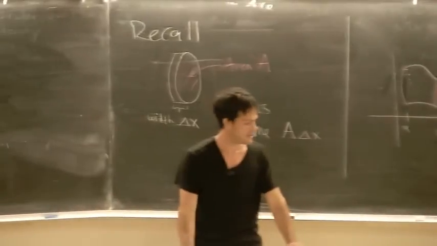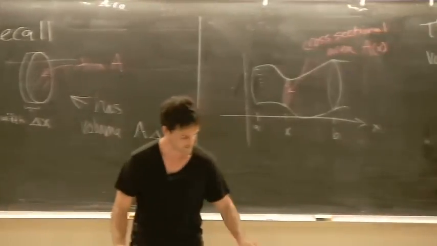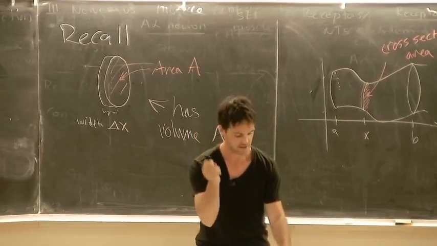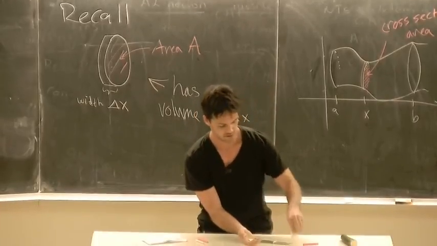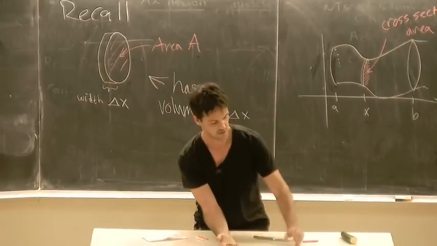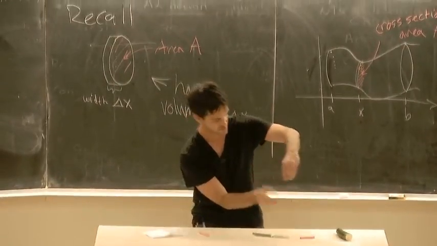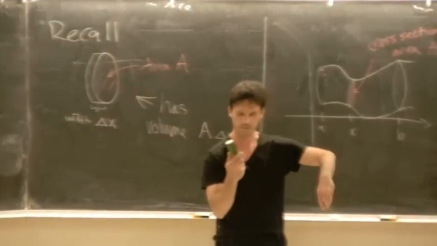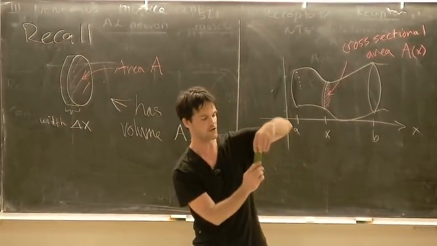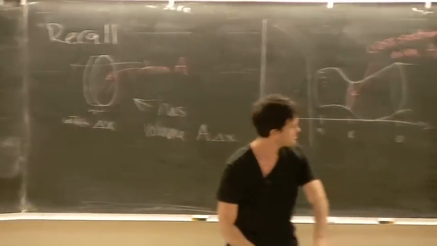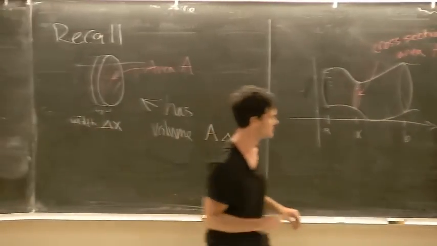So if I wanted to get the entire volume, I would add up the volume of this slice plus this one, plus this one, plus this one, plus this one, plus this one. All together, I'm not going to cut up this whole thing. That would take too long. But all together, it's supposed to be the volume of the entire shape. So let's add up all of these volumes.